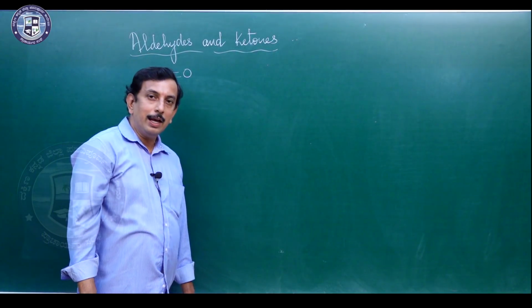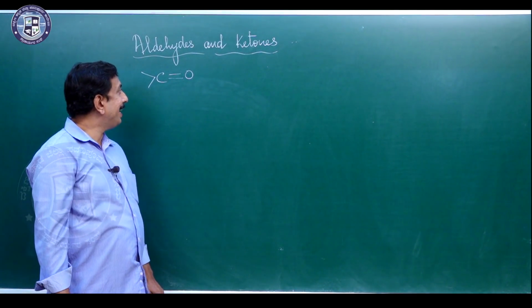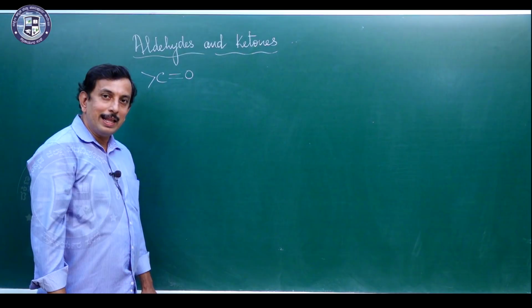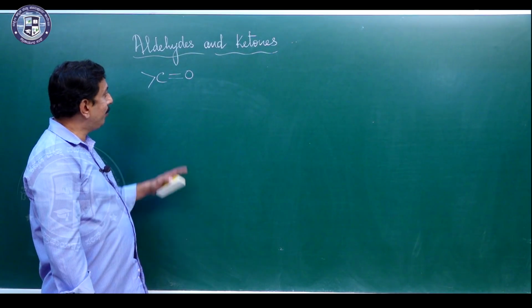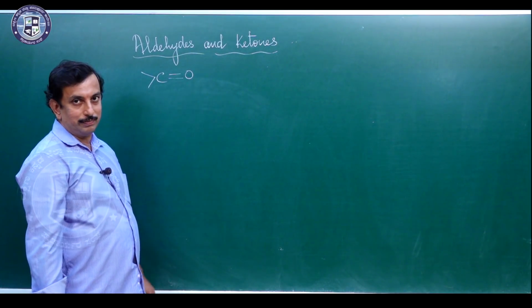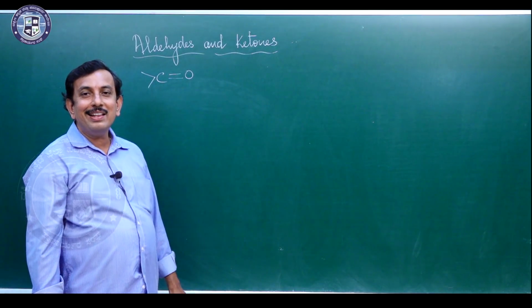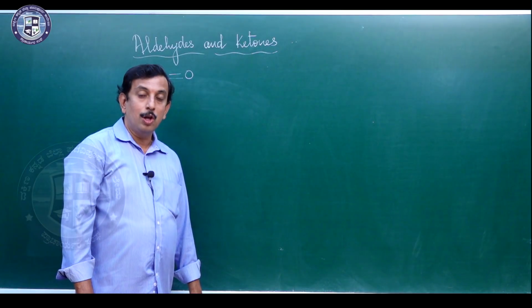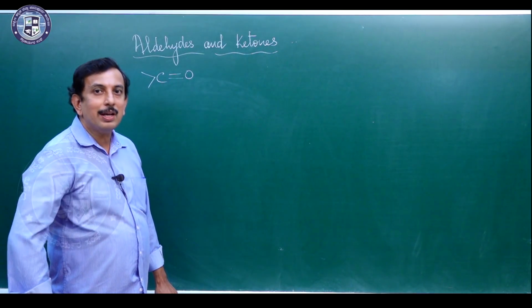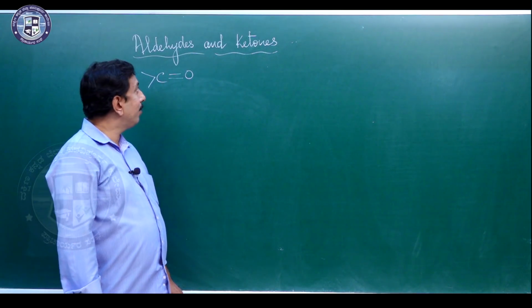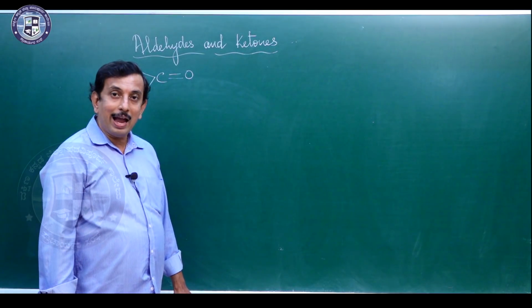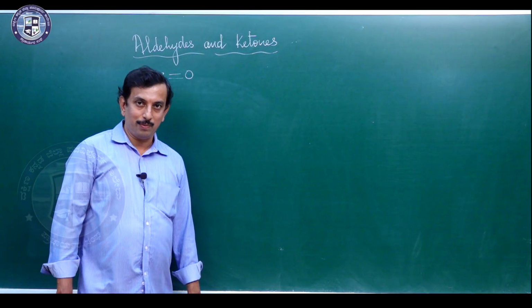That is, here the carbon has a tetravalency. In that tetravalency, 2 of the valencies are satisfied with oxygen and the remaining 2 valencies are unsatisfied. So, based on this carbonyl group, we can define what are aldehydes and what are ketones.